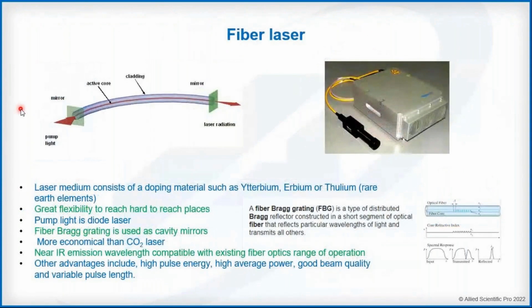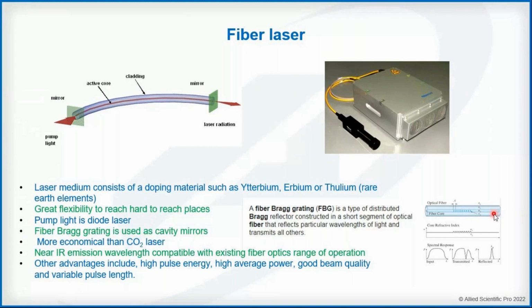However, the most popular laser that we use in laser cleaning is the fiber laser. And our systems are also based on fiber laser. So in case of fiber lasers, instead of having a mirror, there is scribing in the core, as you can see here on the right side. So this would act as a mirror kind of, so it reflects a particular wavelength.